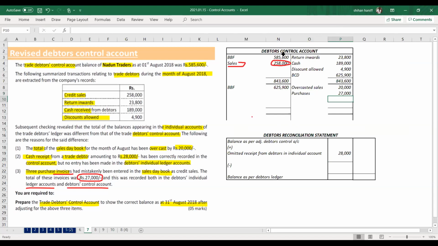So that's the correction of the control account. Now tell me, is it a plus or minus in the reconciliation?